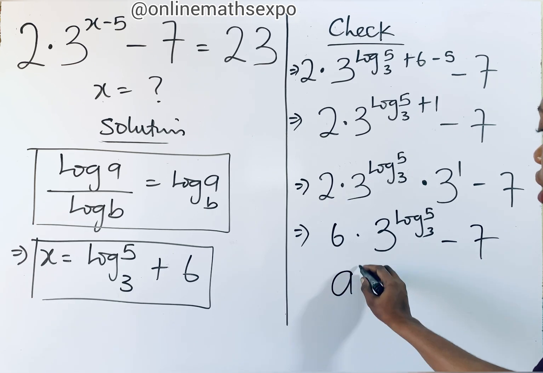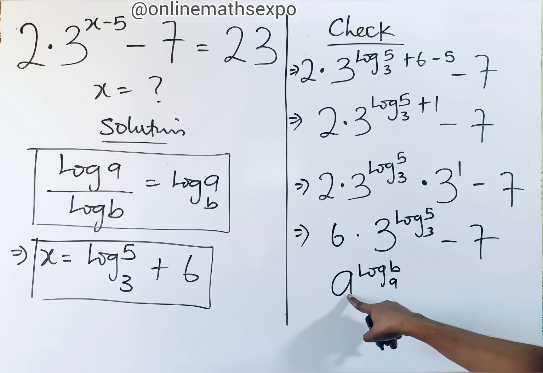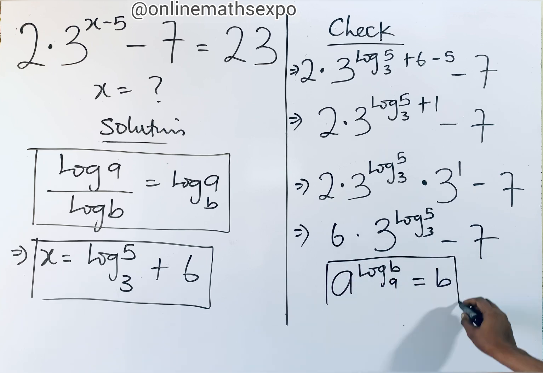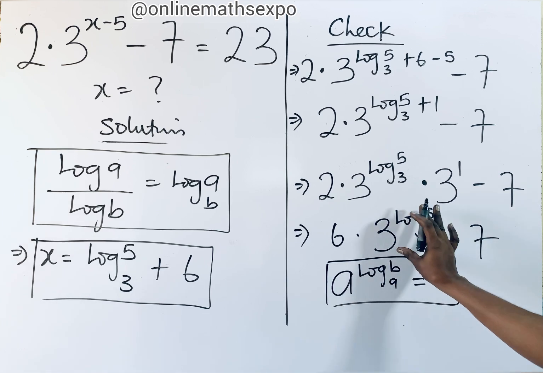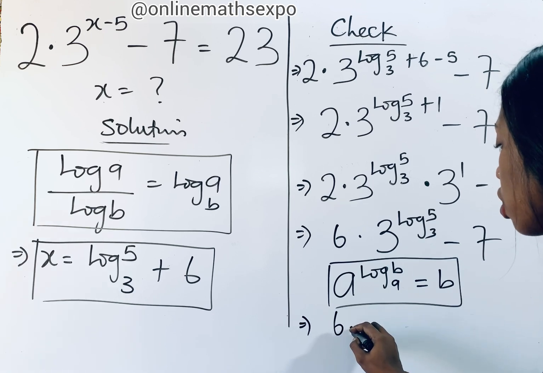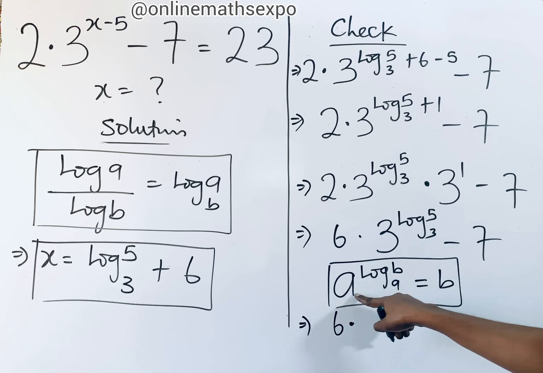Remember, for every a to the power of log of b base a, where this base and the general one are the same, it is equal to this number b. So we're going to apply this in simplifying what you have here. To do that, 6 will be multiplied with 5, because you see that this and this are the same, just like what you have here.